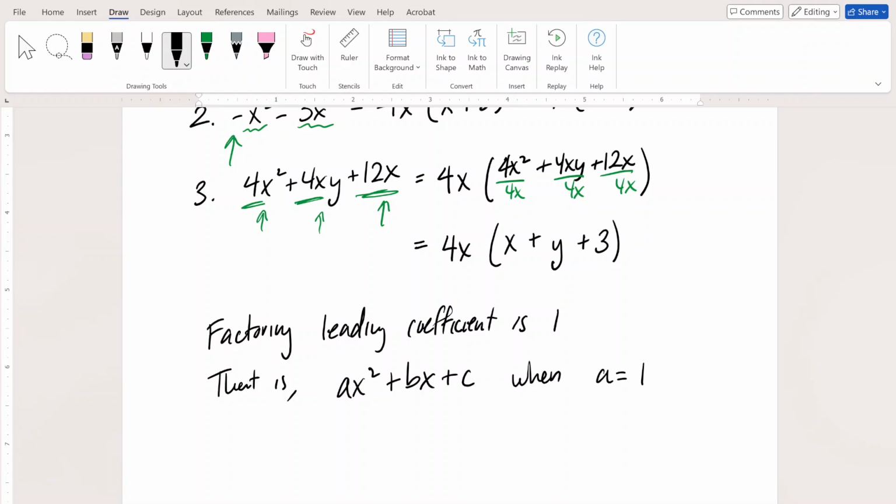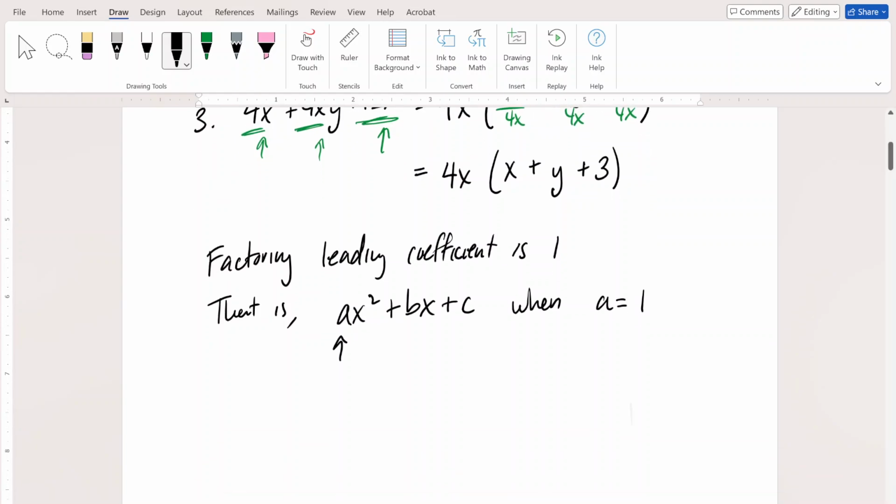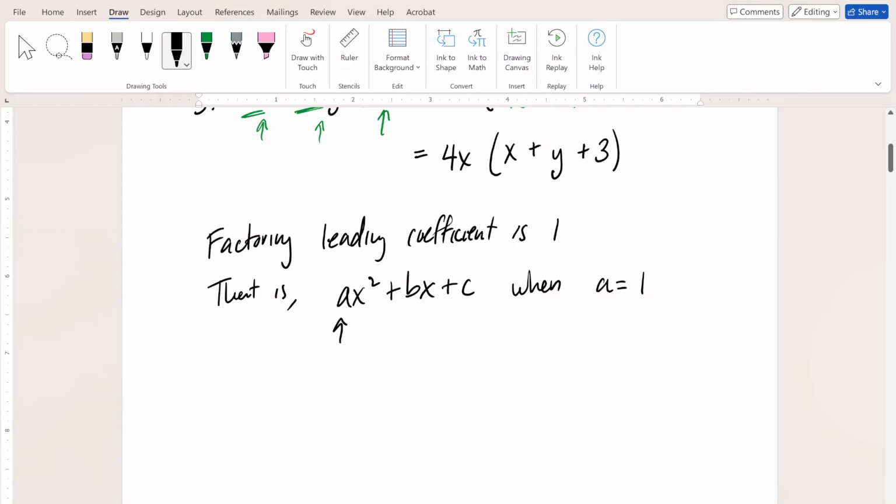This is specific for a quadratic, but I'm just trying to say that the leading coefficient here, that a, the one with the highest power exponent term, is 1. So, for example, if I did example number 4, we get x squared plus 11x plus 28. You can see that the leading coefficient here is that 1. So that's the example that we have here.